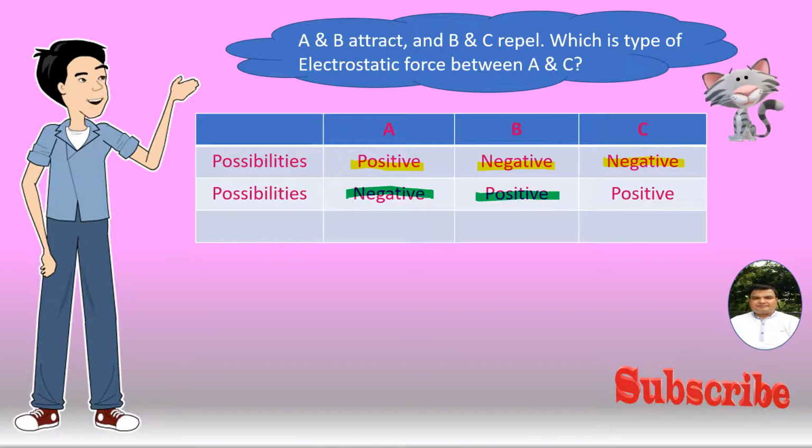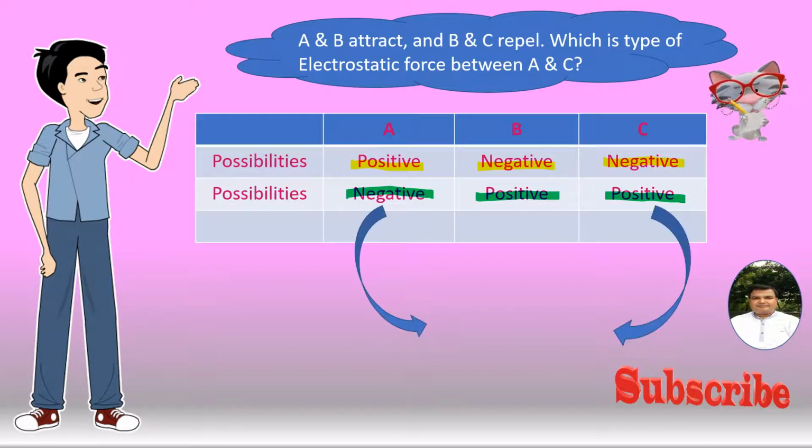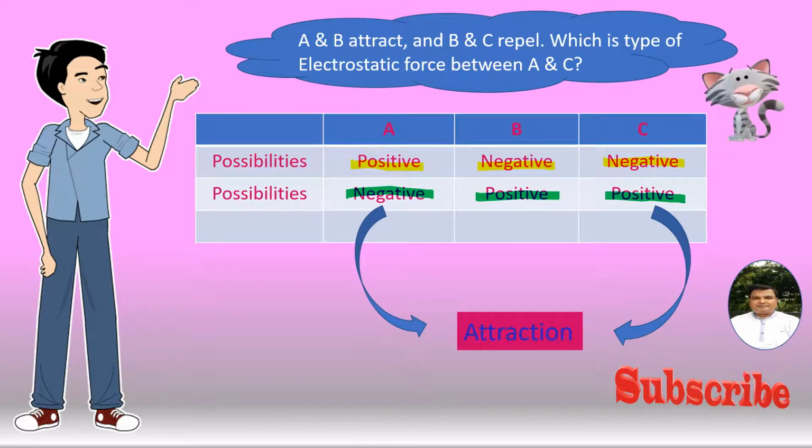Negative and positive attract each other, it's okay. But B and C repel each other, so because B is positively charged, C is also positively charged. Our question is between A and C. Now check: A is positive, C is negative, they attract. A is negative, C positive, they attract. It means the answer will be attraction.